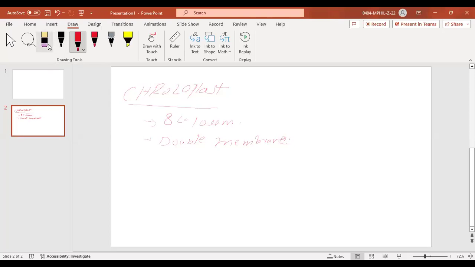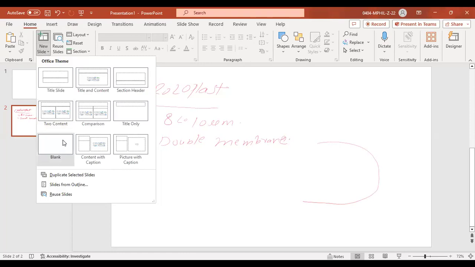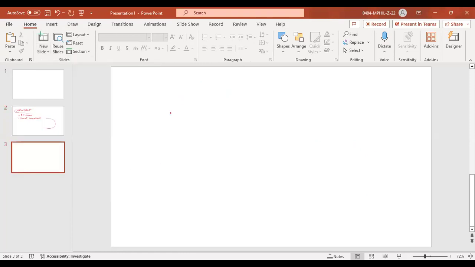So let me draw a structure. Okay. So here we have a structure like this.